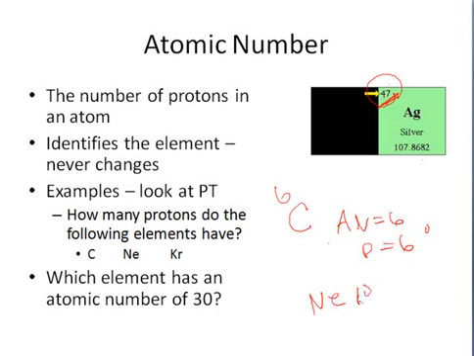If we look up krypton, Kr, its atomic number, and therefore number of protons, is 36. Alright, so which element has an atomic number of 30? I look in the periodic table. They're all in order of atomic number, and I identify that as zinc. So zinc has 30 protons.